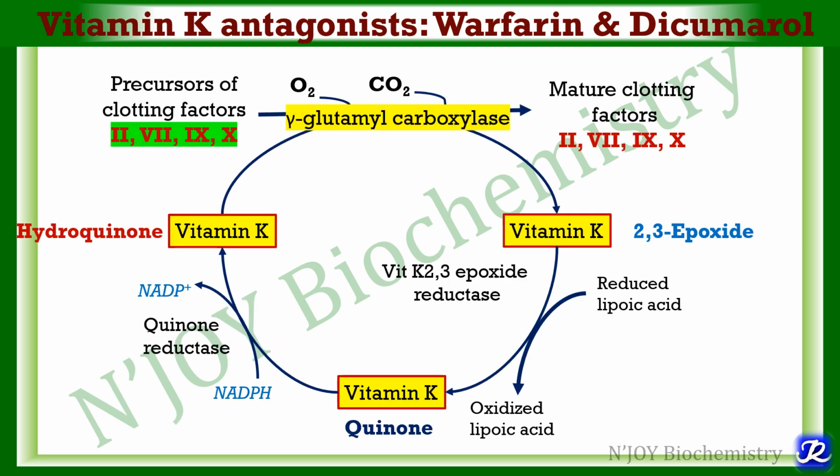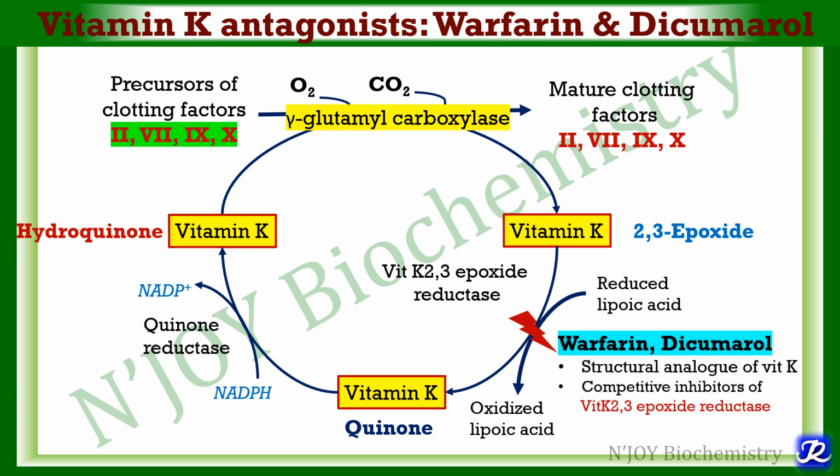There are two antagonists of vitamin K, warfarin and dicumarol. What is the mechanism of action? Both warfarin and dicumarol inhibit the conversion of the 2,3-epoxide form of vitamin K into the quinone form of vitamin K. And why is this reaction important? It is important to form the reduced form of vitamin K, that is hydroquinone, which acts as a coenzyme in this gamma carboxylation process.